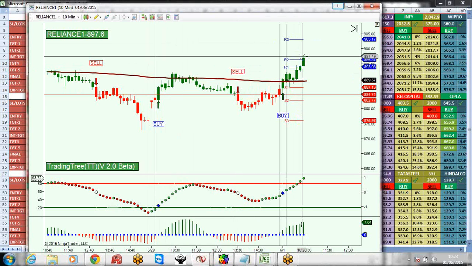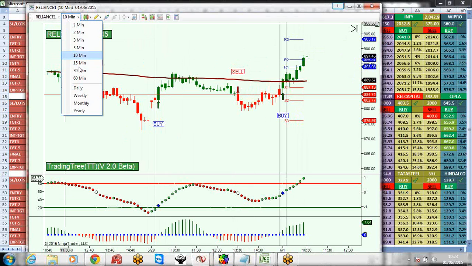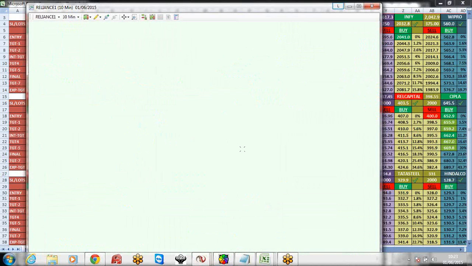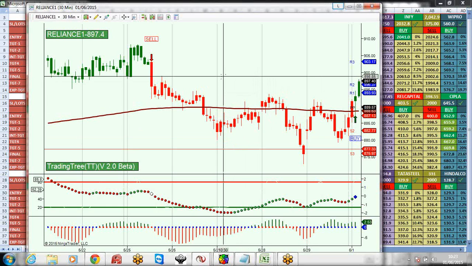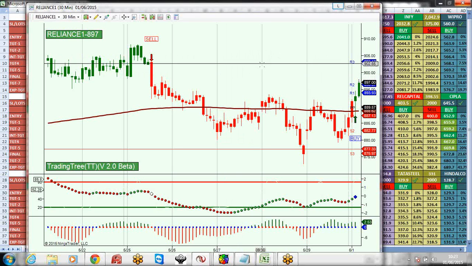I know that this is a comfortable target. It is already done. So the next possibility is 898, or it can go up to even 903 also.